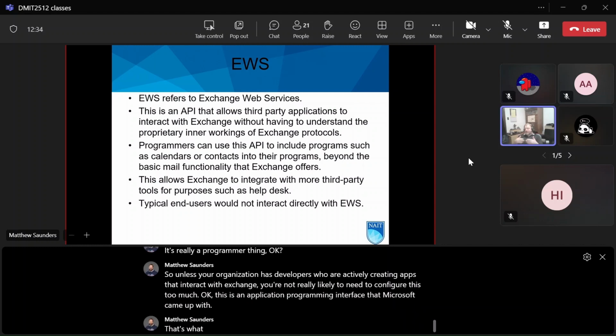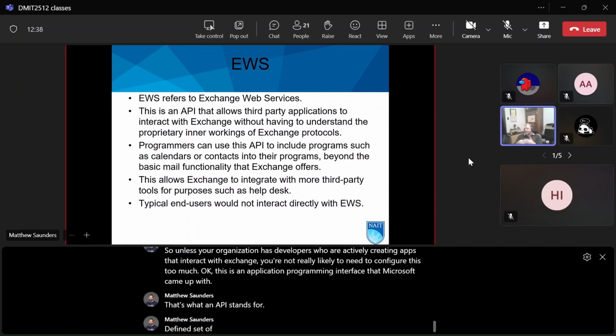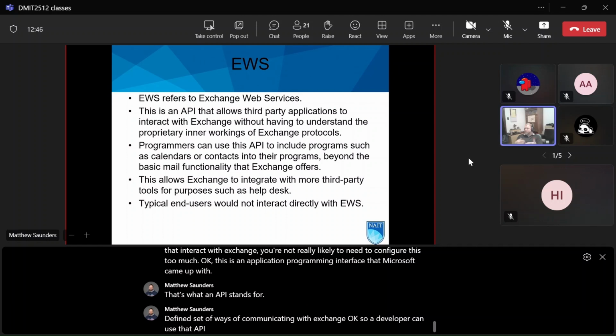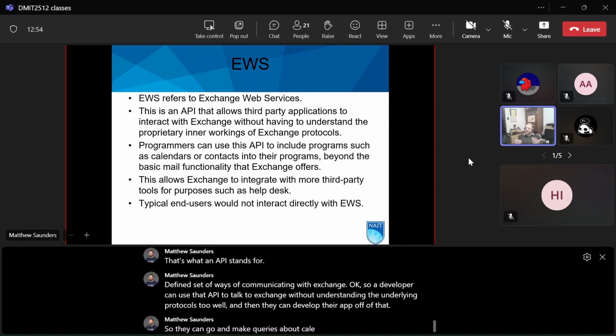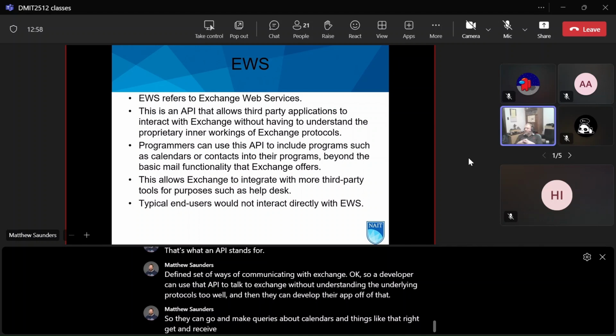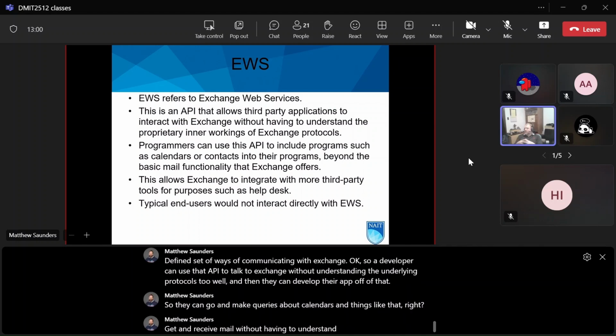That's what an API stands for. It's just a defined set of ways of communicating with Exchange. Okay, so a developer can use that API to talk to Exchange without understanding the underlying protocols too well. And then they can develop their app off of that. So they can go and make queries about calendars and things like that, right? Get and receive mail without having to understand how everything works.